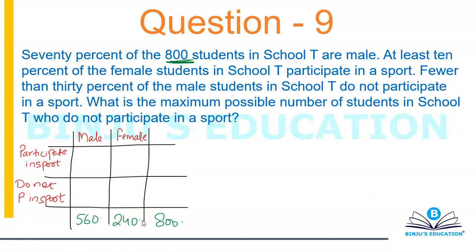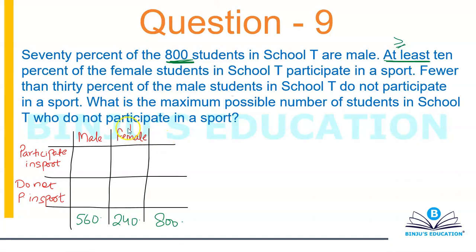Now, at least 10%, the word at least basically means equal to or greater than. At least 10% of female students in school T participate in sport. That is greater than or equal to 10% of female participate in sport.